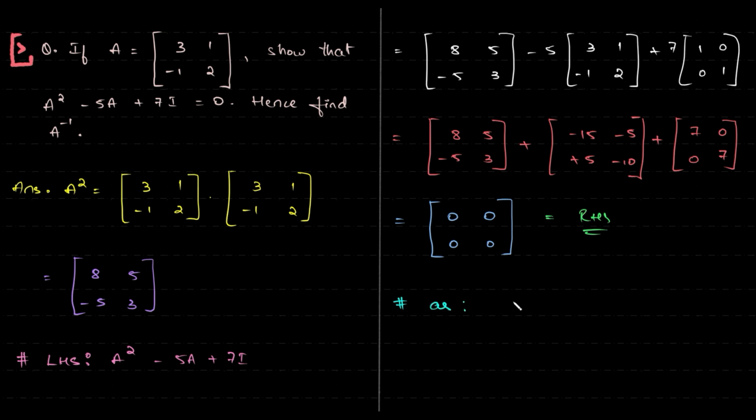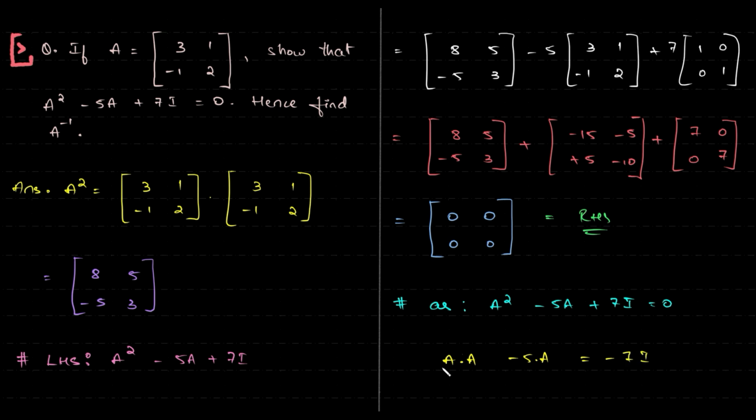As we have A square minus 5A plus 7I is equal to 0, to find the inverse, we will do the following. First thing is, I will expand this and I will shift it to the right hand side by adding minus 7I both ends.